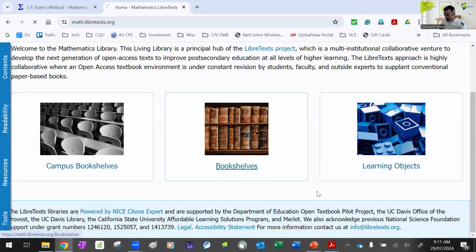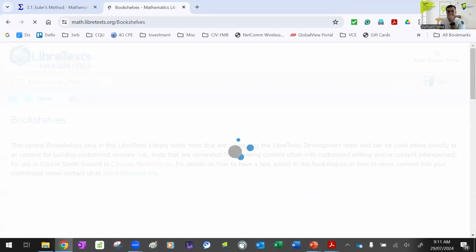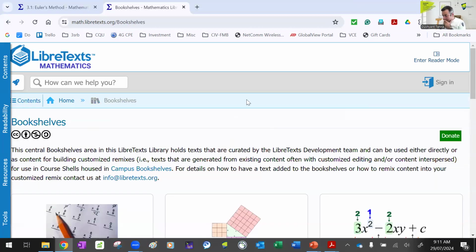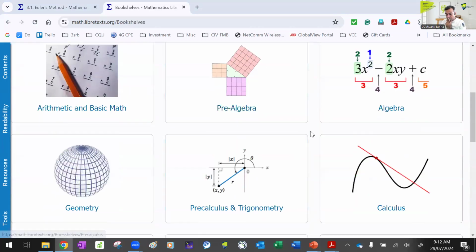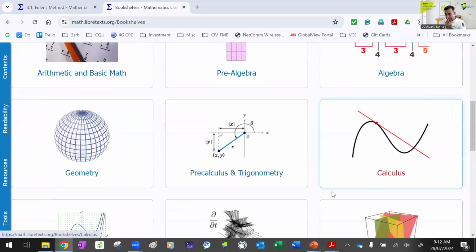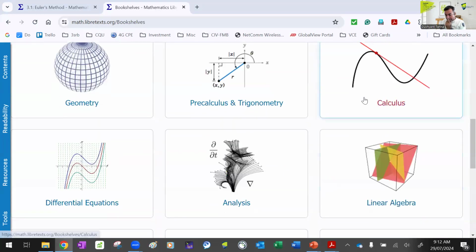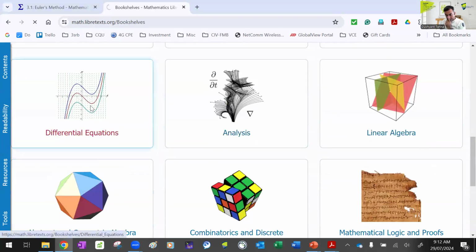There are a lot of topics that you can learn here. Precalculus and trigonometry, calculus. Let's say we go for differential equations.